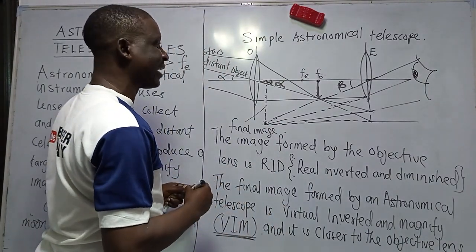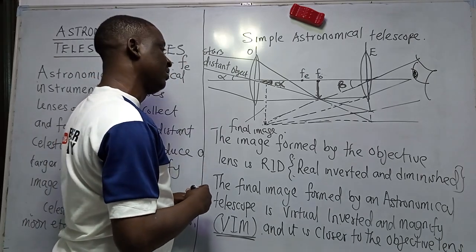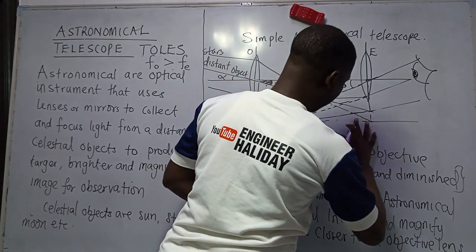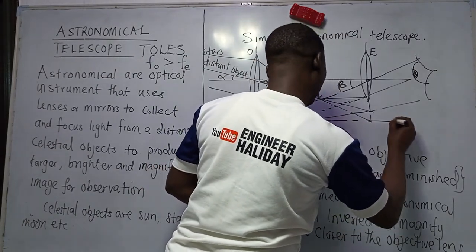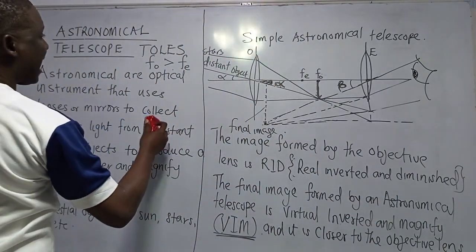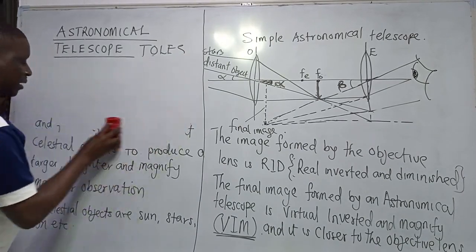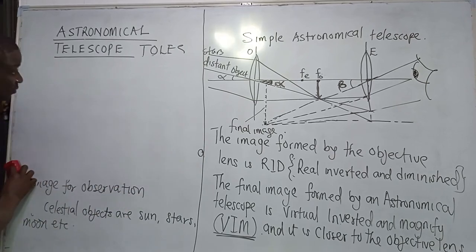That means the astronomical telescope at normal adjustment. How will the diagram look like? So now let us see the diagram of the astronomical telescope. How will it look like?